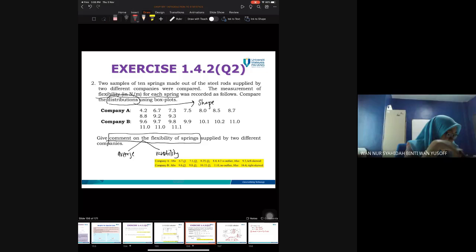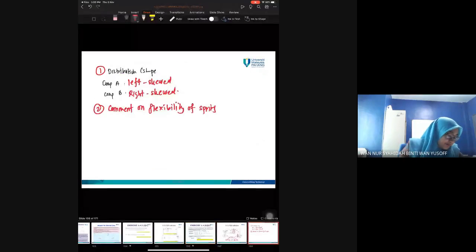For example, give comment on the flexibility of the spring based on variability, so you have to comment based on the variability. Or maybe give comment on the flexibility of the spring based on the average. So it depends on the question. In this case, you can use either one.